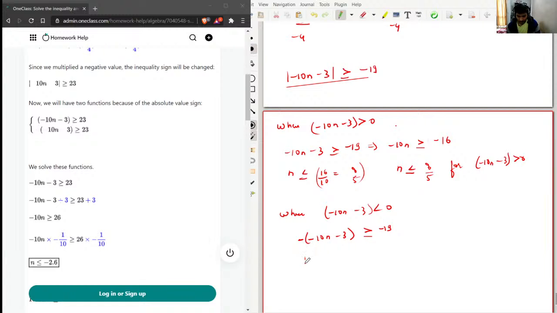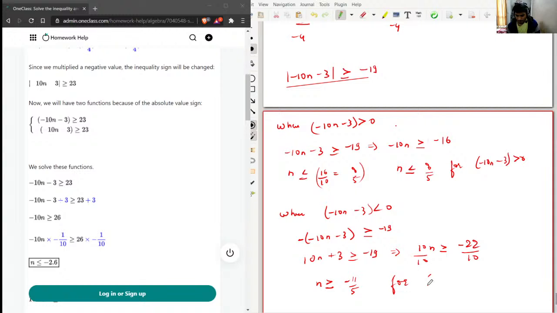So it will become 10n plus 3 is greater than equal to minus 19. We'll subtract 3 from both the sides, so 10n is greater than equal to minus 19 minus 3, which is minus 22. We'll divide both the sides by 10, and my n is greater than equal to minus 11 over 5.